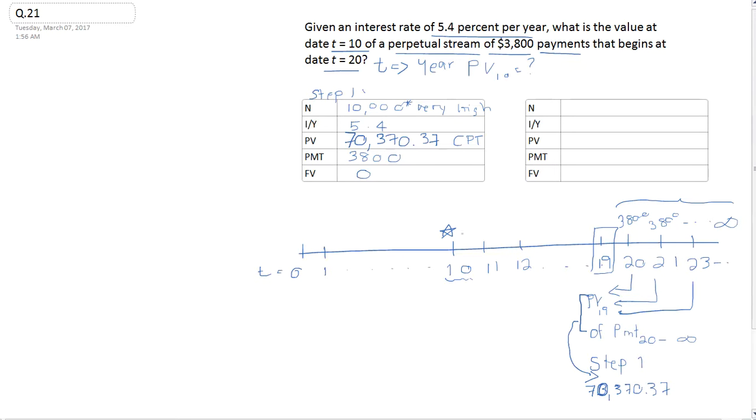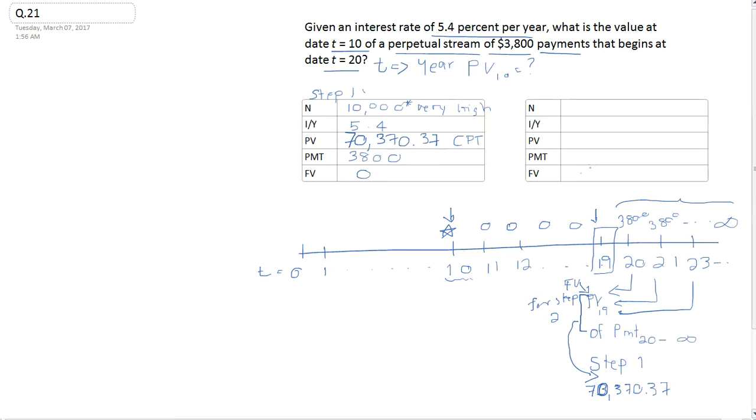So from this point to this point, you can see that there is 0 payment. Okay, and the only cash flow that we have here is just this piece. Okay, so this is basically FV for the second step, FV for step 2.